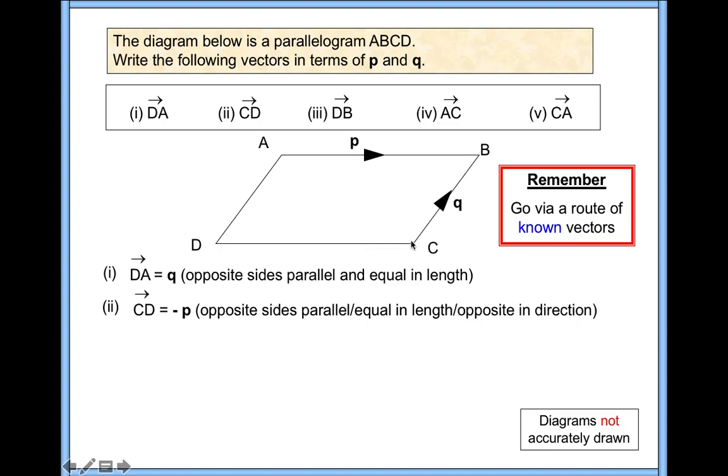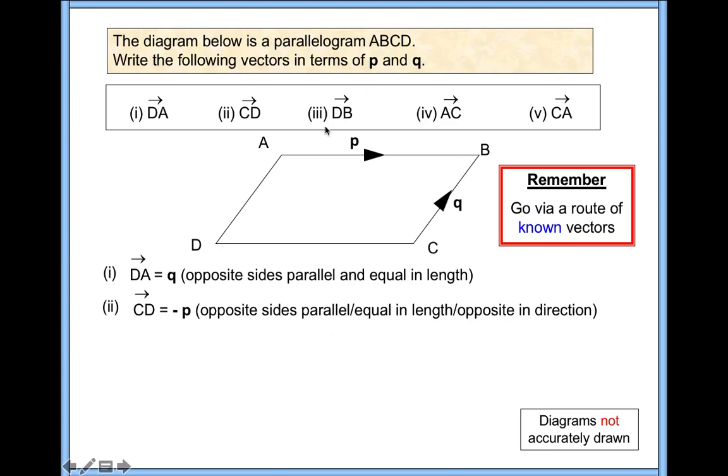So speaking about vector AB, which is described as P, vector CD will be in the opposite direction, so it will be described as negative P, because it is in the opposite direction with reference to vector AB. And why did we choose P? Because opposite sides are parallel and equal in length for a parallelogram.